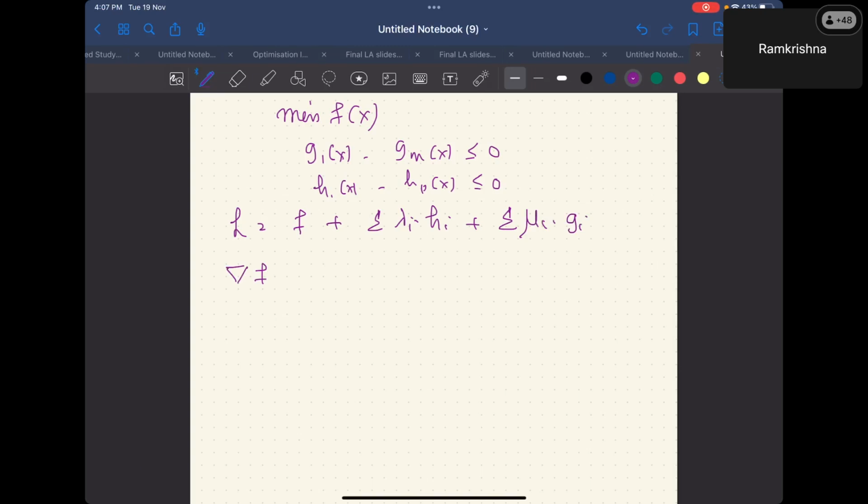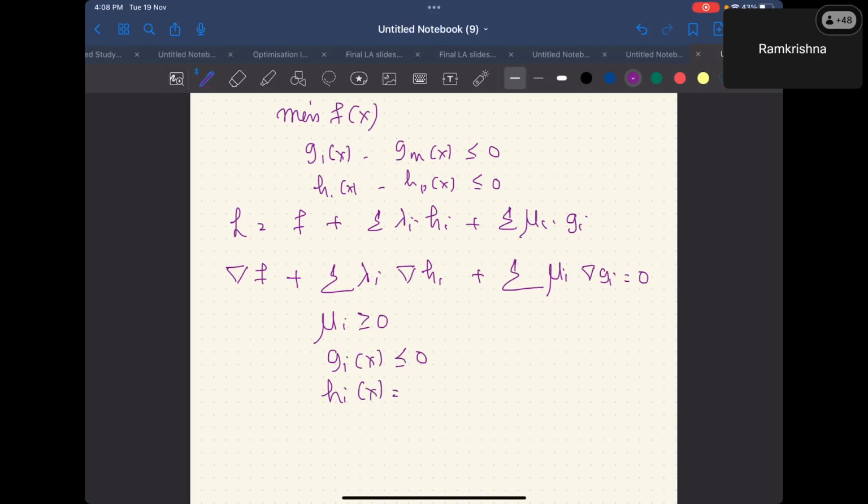I'll just sum both of them. Gradient of f plus summation lambda i gradient of hi plus summation mu i gradient of gi is 0. Only constraints are on mu i to be greater than or equal to 0. gi(x) less than or equal to 0 constitute my inequality constraints. hi(x) equal to 0 constitute my equality constraints, and together with a way to check whether the constraint is active or not, I will have these complementary slackness conditions.